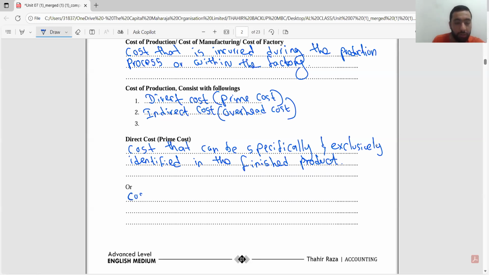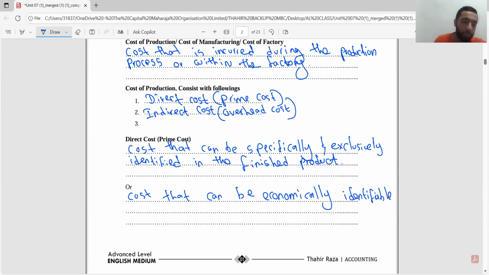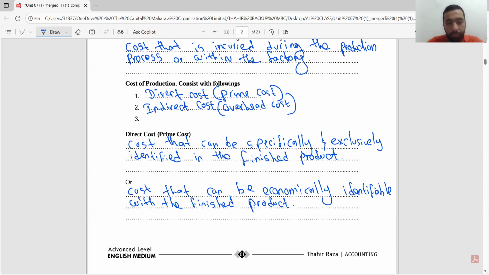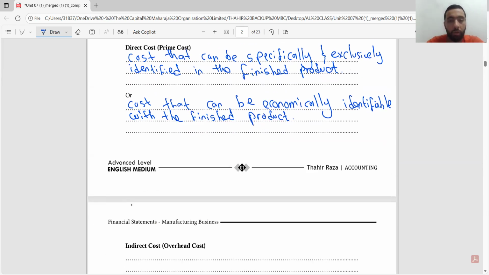Or you can write: cost that can be economically identifiable with the finished product. Right. So this is what it is.